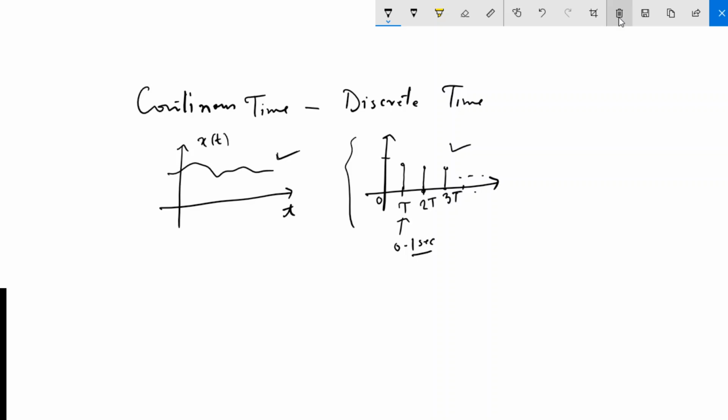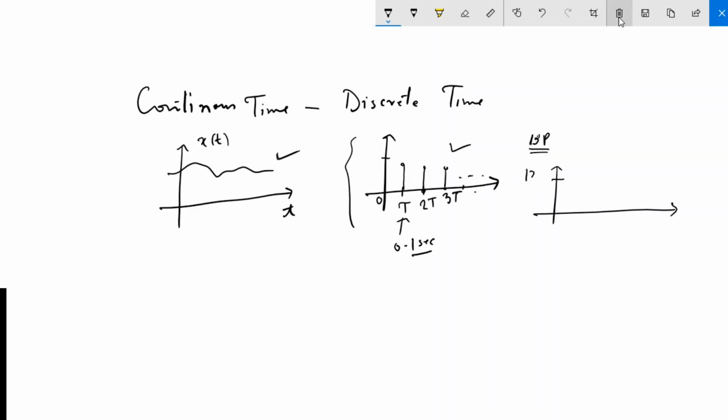Now for an example, suppose you measure the blood pressure of your body, the BP, say every half an hour. You start from some time at this point and measure your blood pressure.